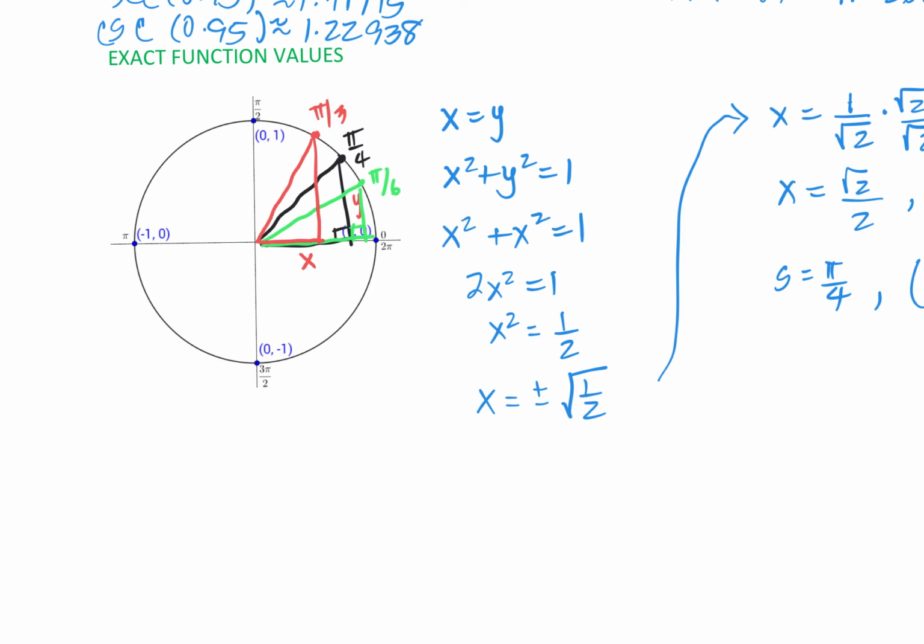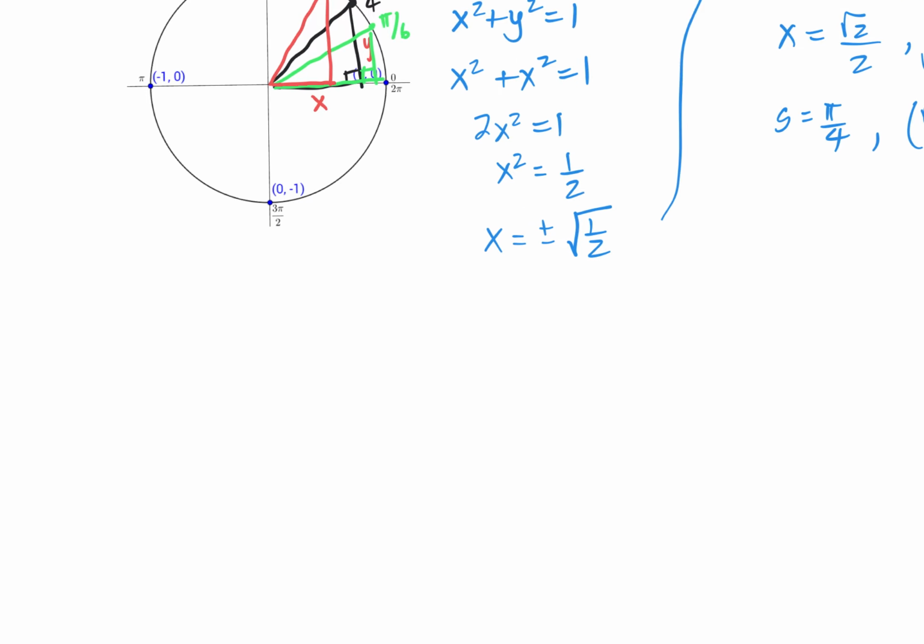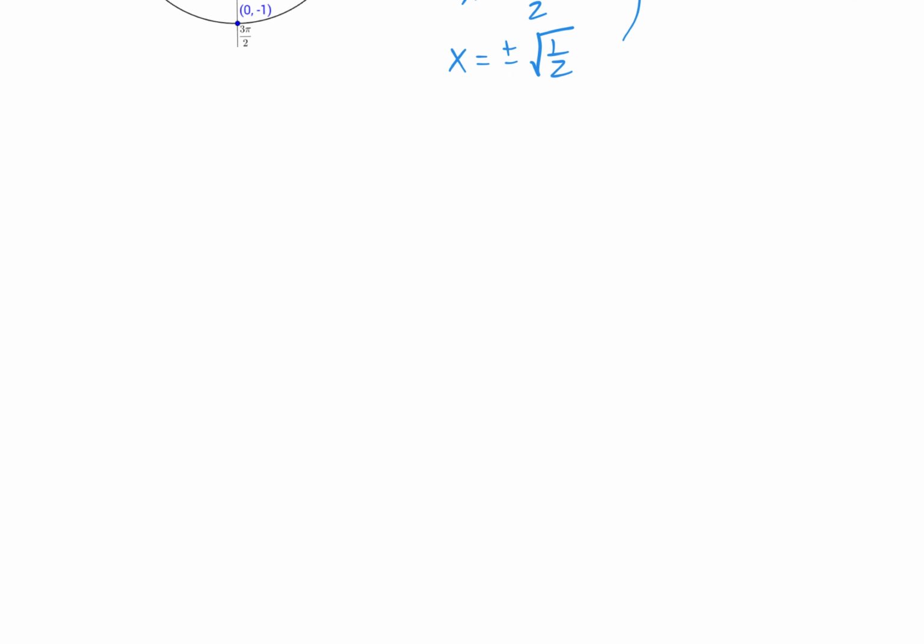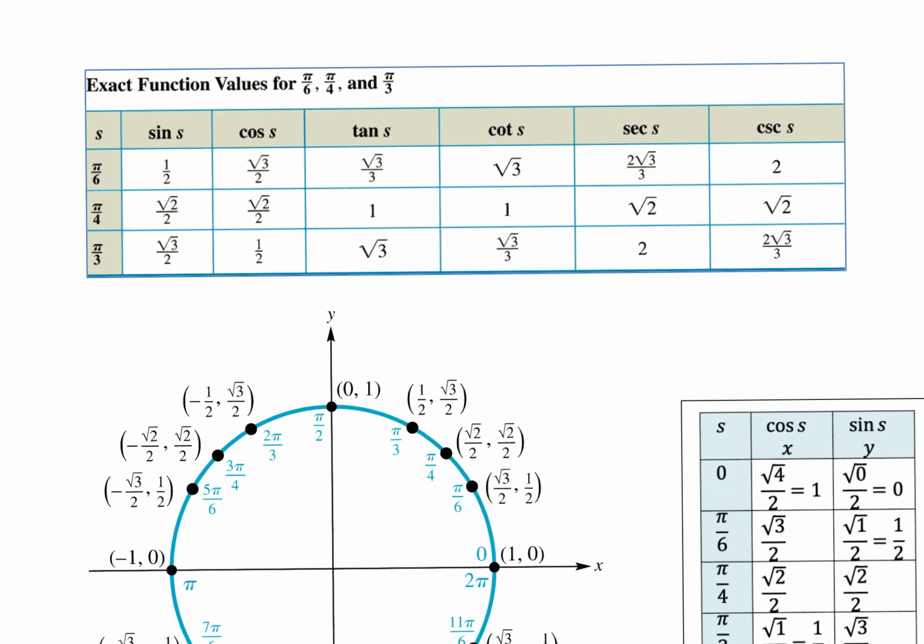It's actually a pretty long proof if the x and the y values are not the same, but you can look in your textbook and find the solution to the pi over 6. However, you don't have to do that because there is a table that is provided, and that gives you the exact function values for pi over 6, pi over 4, and pi over 3.